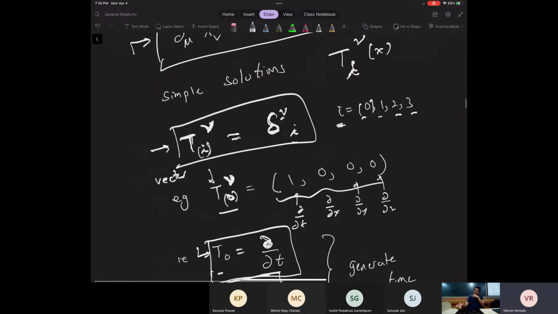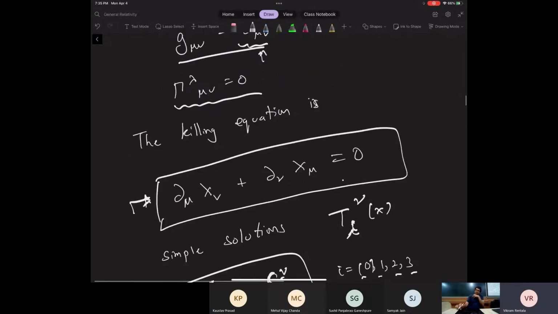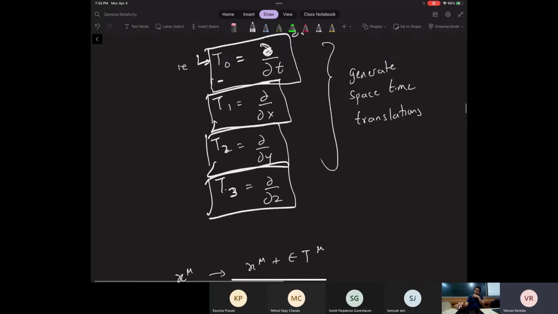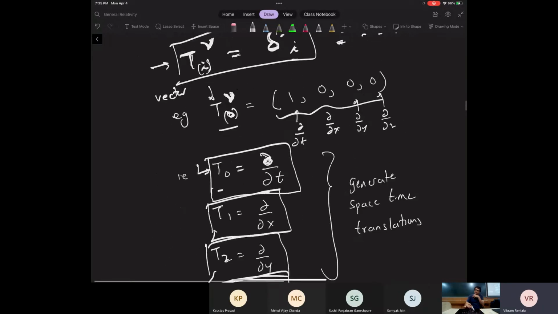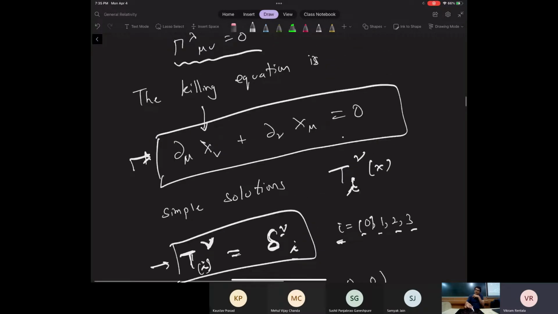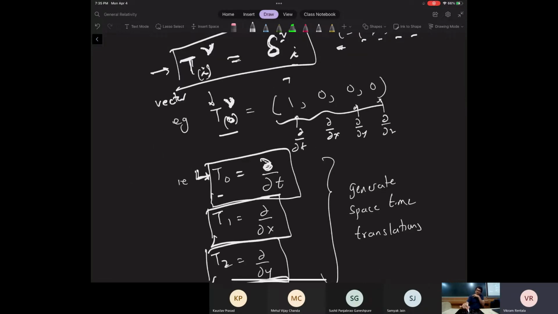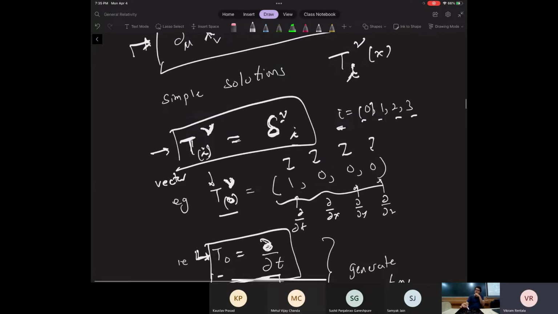You can check easily that this satisfies the Killing equation. For example, if I take T0, I don't plug in partial t here. I'm plugging in coefficients of partial t here. So what I want are these coefficients, 1, 0, 0, 0. I want to plug in those coefficients.